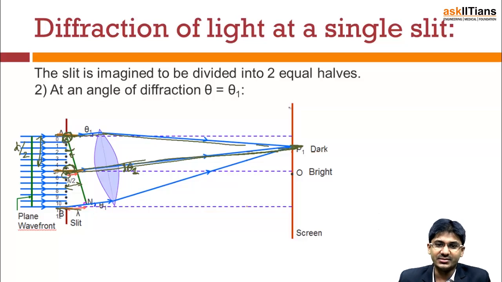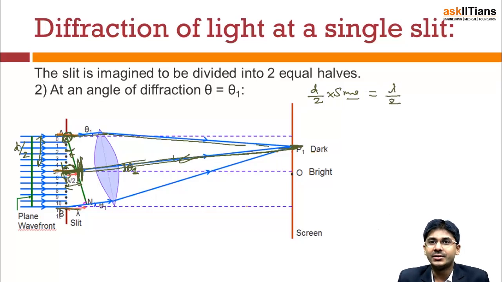So this distance is d by 2 sine theta. This is the extra distance that this ray goes. If this extra distance is equal to lambda by 2, you will have a dark fringe, a minima. That means d sine theta equals lambda.